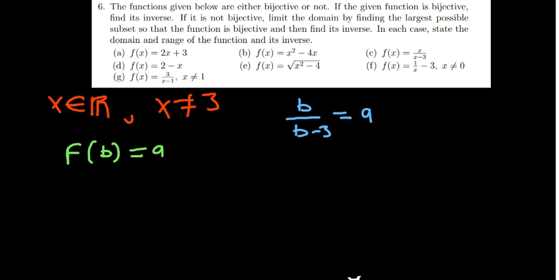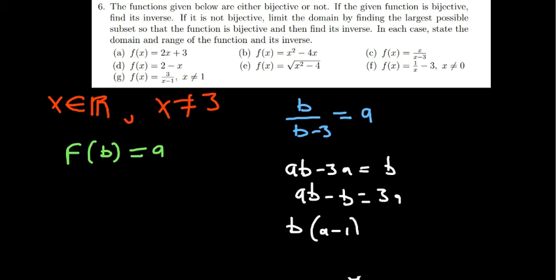So we try to make b the subject. So I have ab minus b is equal to 3a. Factorize b, you have a minus 1. So giving us our value of b being equal to 3a over a minus 1.